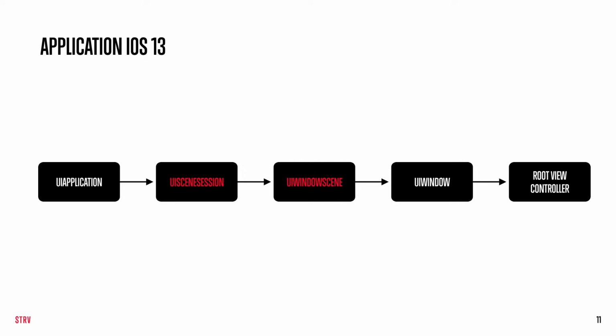So that's the reason for having the session. The session exists when the UI is deallocated, and when the app is reopened, the application knows that the UI needs to be allocated again.